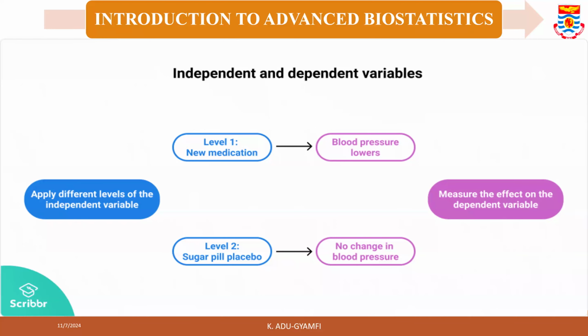I want contributions. So we are saying that the independent variable would influence the dependent variable. It will cause a change in the dependent variable. So looking at this example, the medication and also the blood pressure, which of them would be the dependent? Which of them would be the independent?